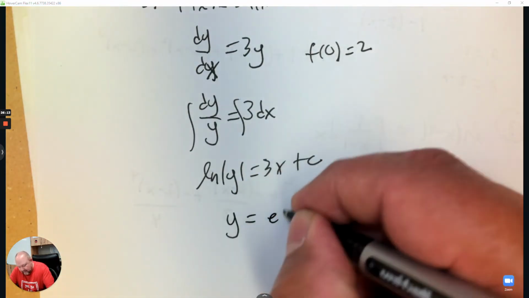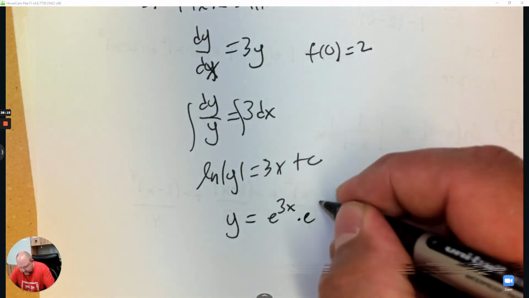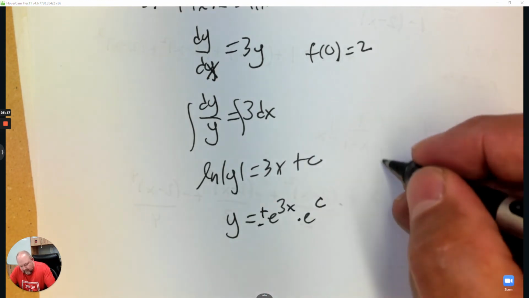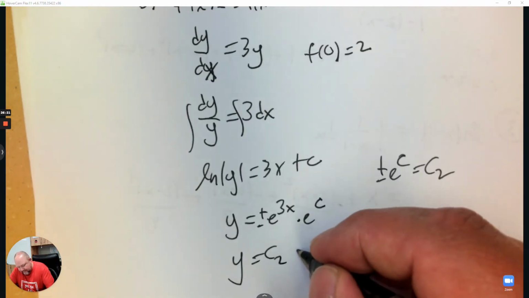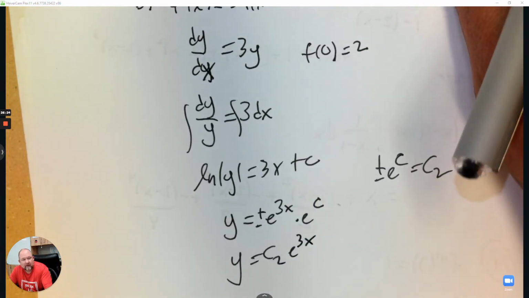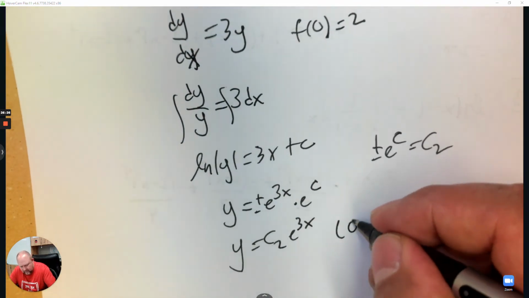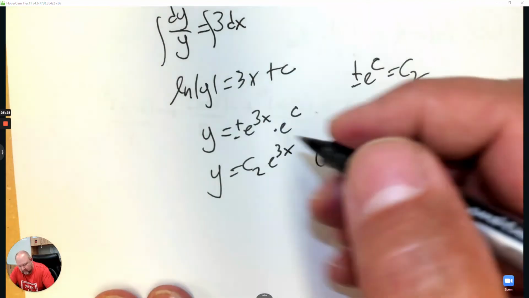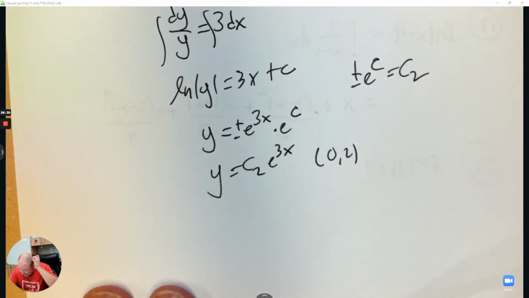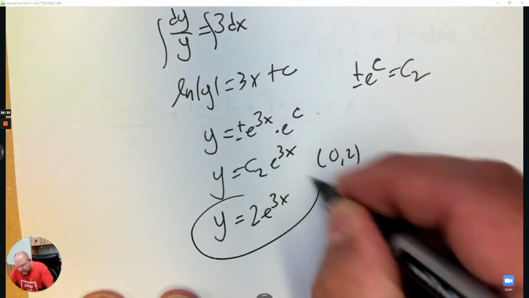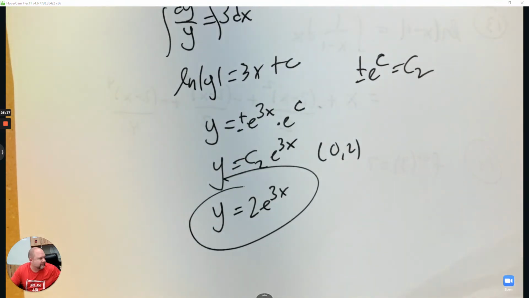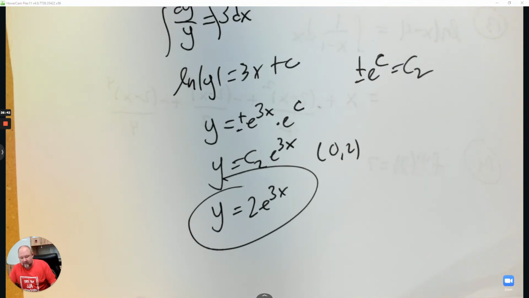And then we're going to write it exponentially. And we know plus or minus e to the c is just a constant. And then we're going to plug in 0, 2. So if you plug in 0, c is equal to 2. So we have 2e to the 3x. That's solving it. And it's done. Number 16. Turn the page.